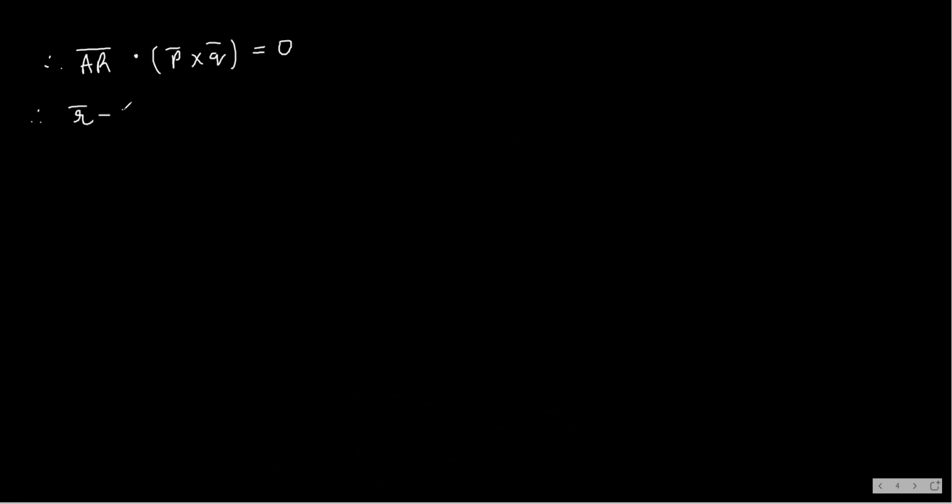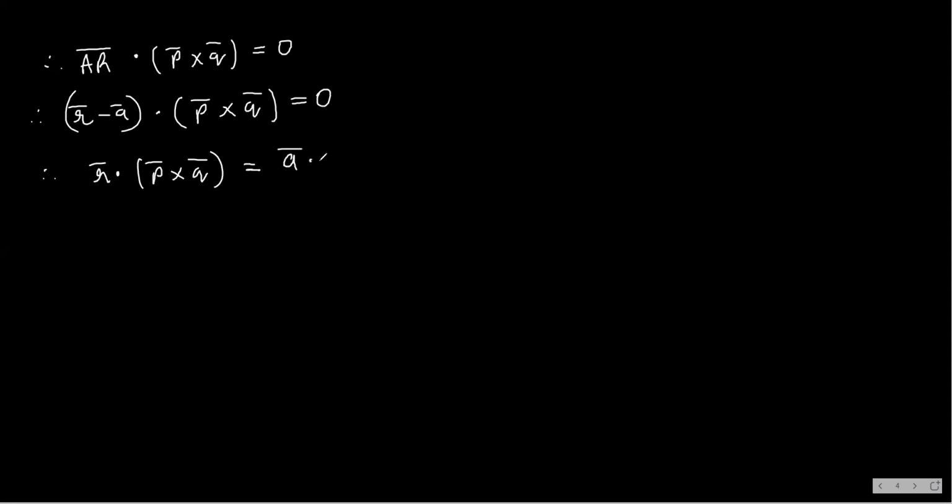Therefore, R bar minus A bar dot P bar cross Q bar is 0. Therefore, R bar dot P bar cross Q bar minus A bar dot P bar cross Q bar, I will take it on the right hand side, equals A bar dot P bar cross Q bar.